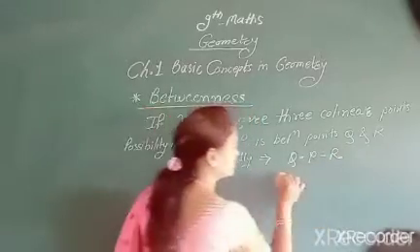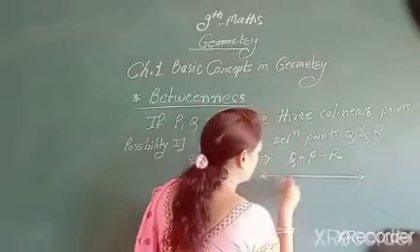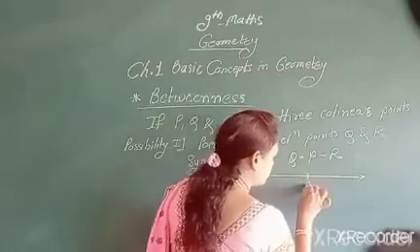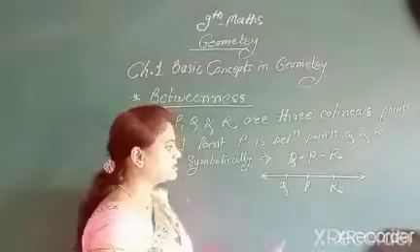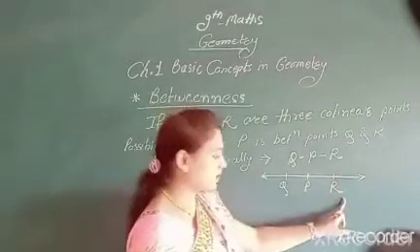That is the line: this is point Q, this is point P and this is point R. That means P lies between Q and R.